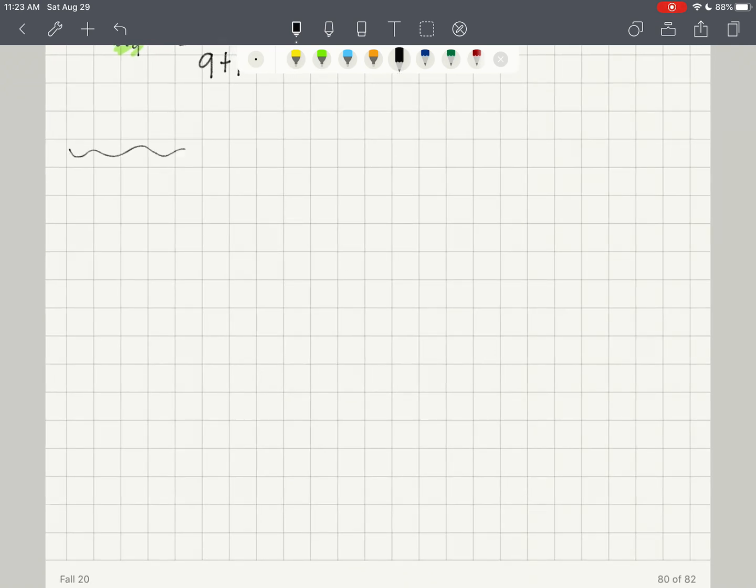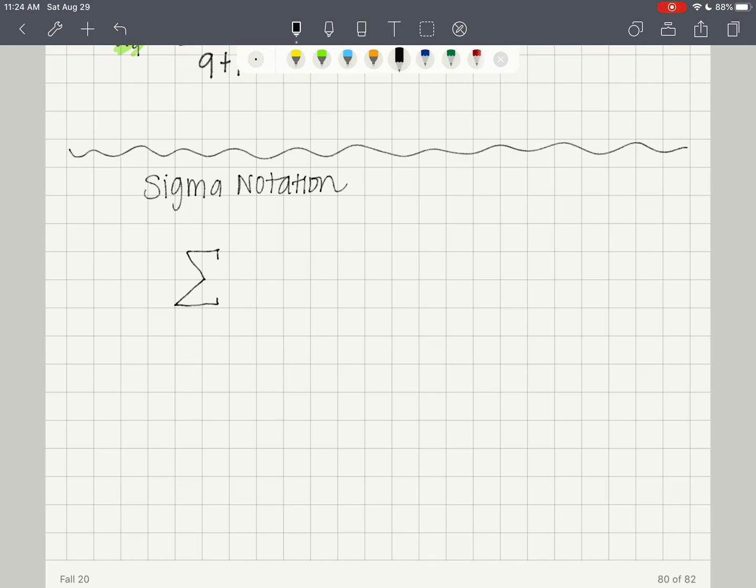Sometimes we need to find the sum of the sequence. So sometimes I want to know the sum of a sequence. This is where you might see sigma notation. Sigma is a Greek letter, and it means summation.